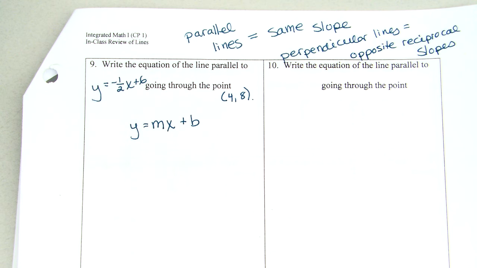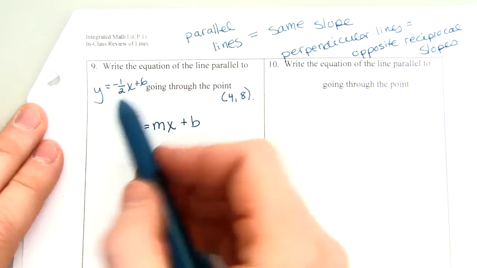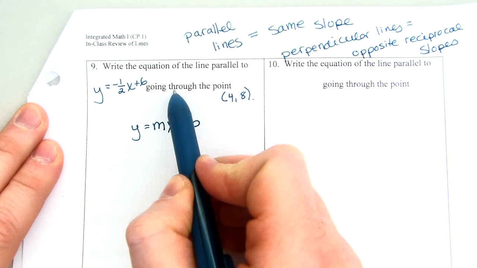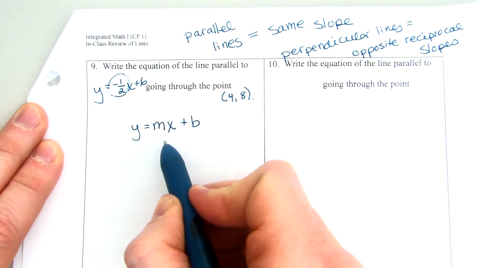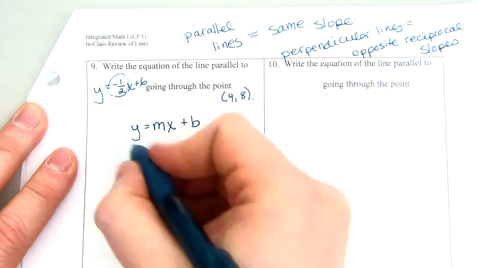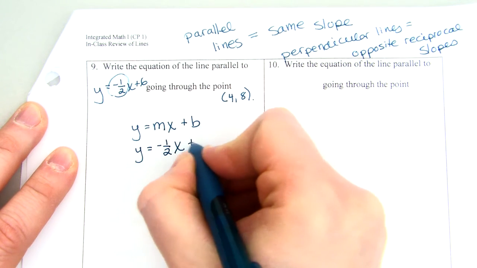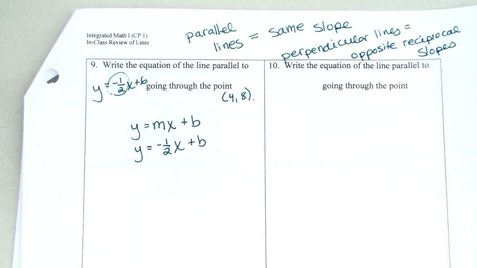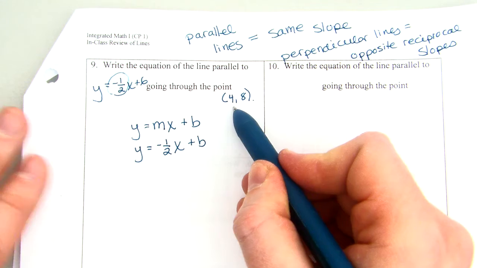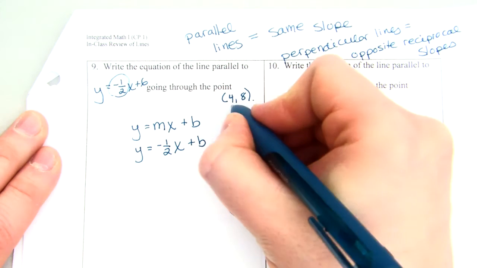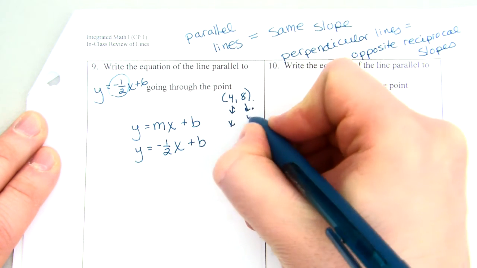I am going to get you started and then you're going to finish this one. Parallel lines: same slope or opposite reciprocal slopes? What is the slope of the original line? Negative 1/2. So what's the slope of my new line? Negative 1/2 because it's parallel. We're going to say y equals negative 1/2 x plus b. You're going to use your 4 for your x, your 8 for your y. Plug those in and find your b.